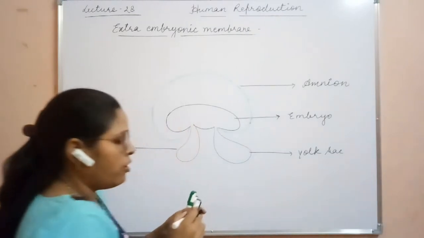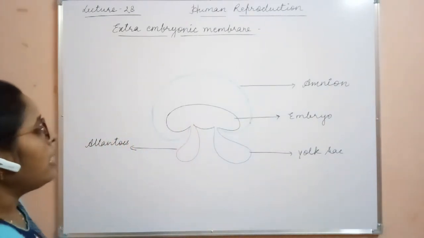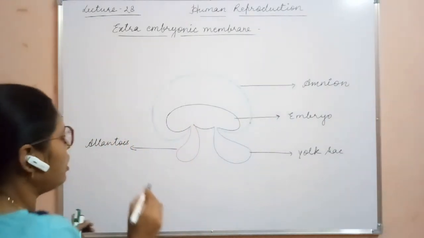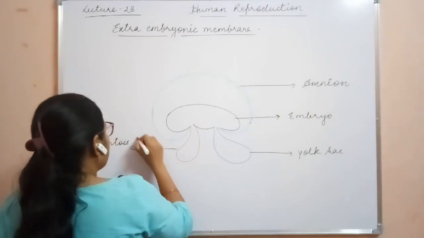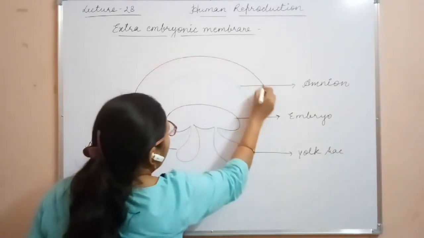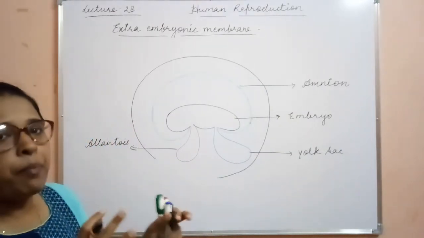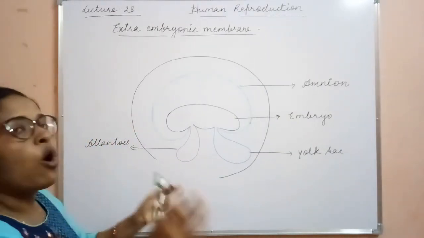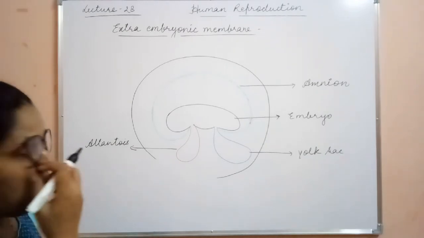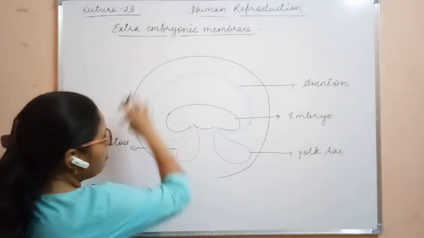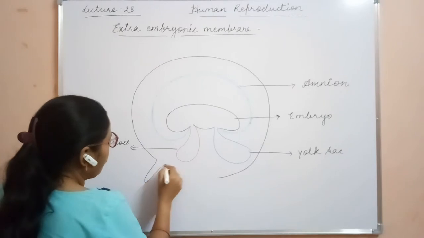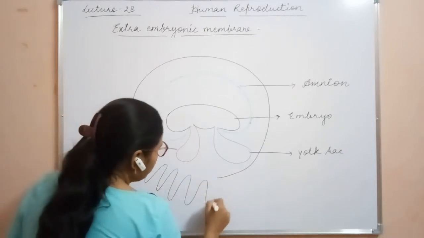Now the fourth membrane is called the chorion, and this chorion surrounds the complete embryonal apparatus in which the embryo and all of the three membranes are inside. This will surround the complete embryo, and here the chorionic villi are there.